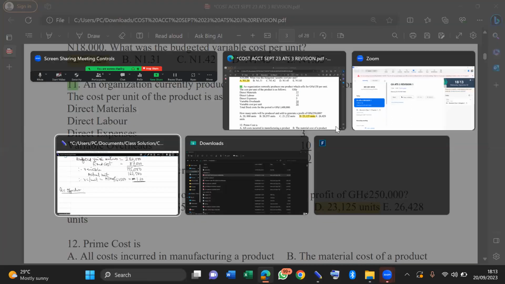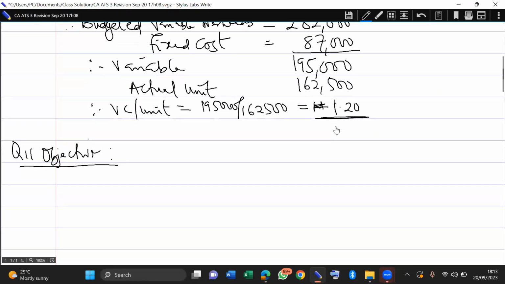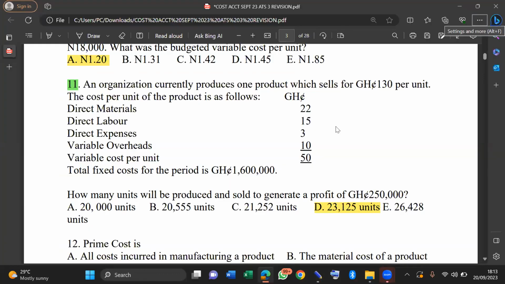This is question 11. We are targeting profit. They gave us the selling price and the variable cost.